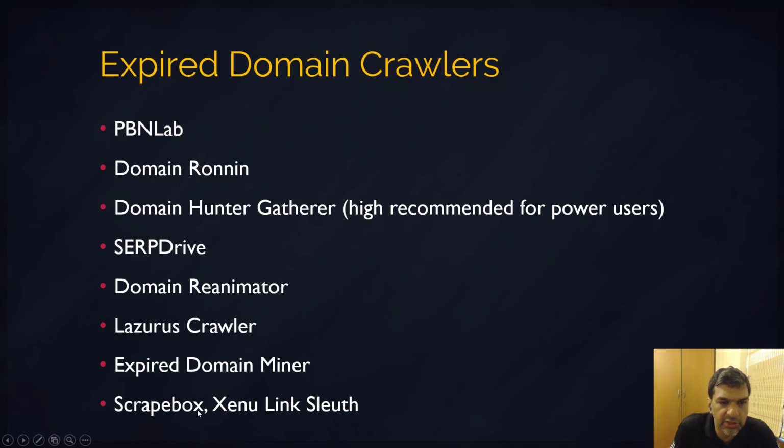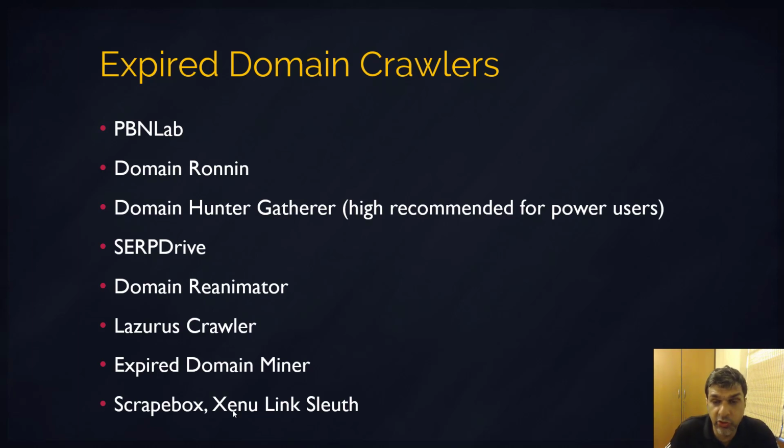But you can use these in conjunction and then use another third-party metric checker, so you can scrape all the expired domains for your specific keywords using these two tools, and then you can plug all the domains into another third-party metric checker, and then it could spit back your TF, your CF values, your DR values, and things like that.